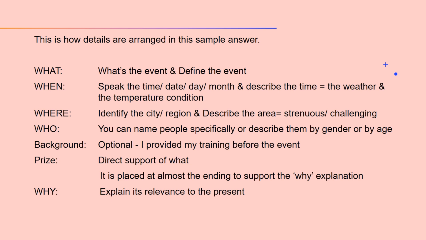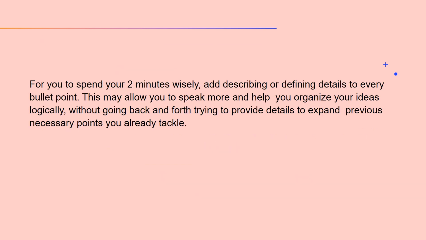Explain its relevance to the present. For you to spend your 2 minutes wisely, add describing or defining details to every bullet point. This may allow you to speak more and help you organize your ideas logically without going back and forth trying to provide details to expand previous necessary points you already tackled.